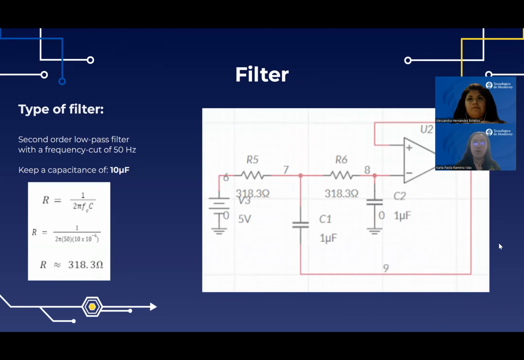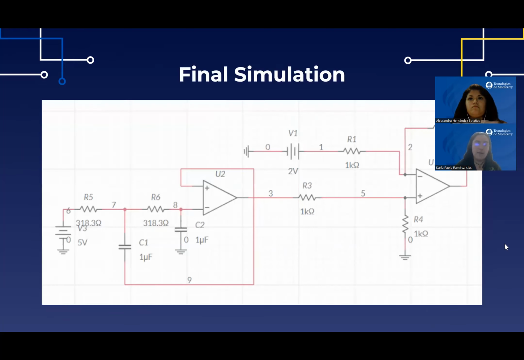Finally, we need to clean up the received signal, and by clearing the signals that pass over 50 Hz, it's necessary to establish a second-order low-pass filter with a cutoff frequency of 50 Hz. To make it true, we propose a capacitance of 10 microfarads, and we use the equation provided to calculate the resistance needed in this case, which is now shown.